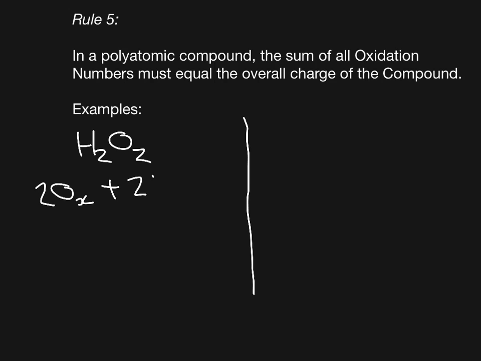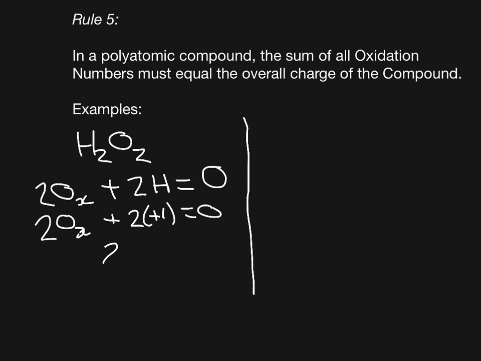This is going to equal the overall charge of 0, since hydrogen peroxide is neutral. So using rule 3, hydrogen is bonded to a non-metal. So 2 lots of oxygen plus 2 lots of positive 1 is equal to 0. So 2 lots of oxygen is going to equal negative 2, and then we divide both sides by 2. So oxygen is equal to negative 1. And that's the answer we got from the last slide.